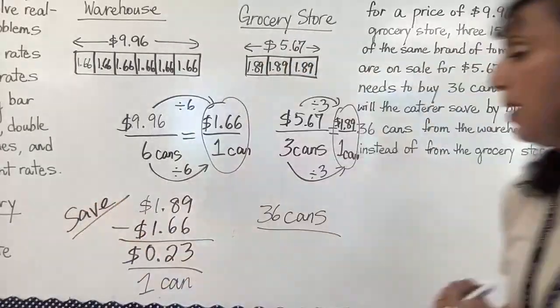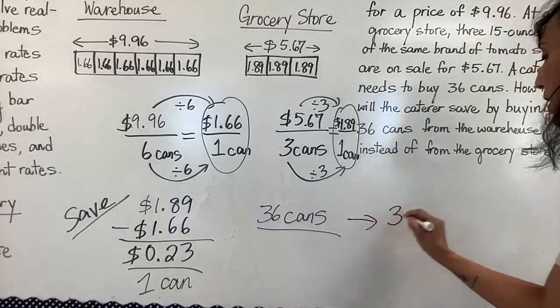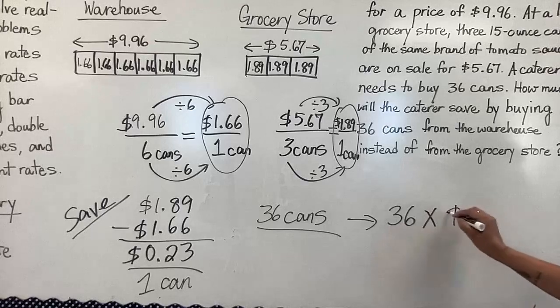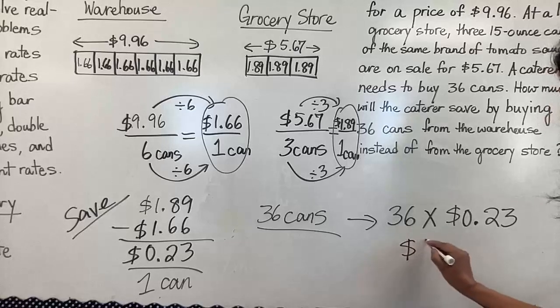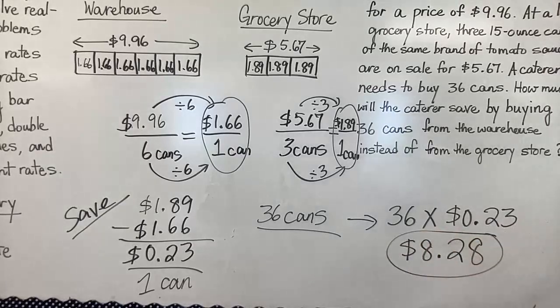And so for 36 cans, we are going to be doing 36 times 23 cents, or here, this is how I write it out. Okay, and I end up with $8.28, and that is my answer.